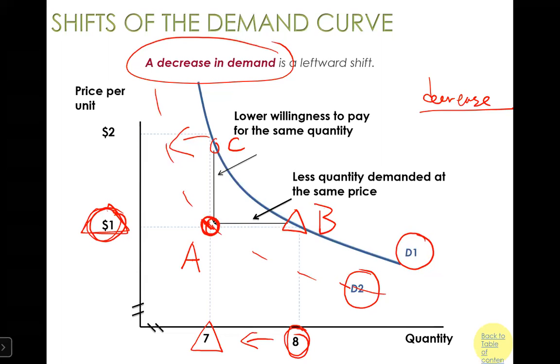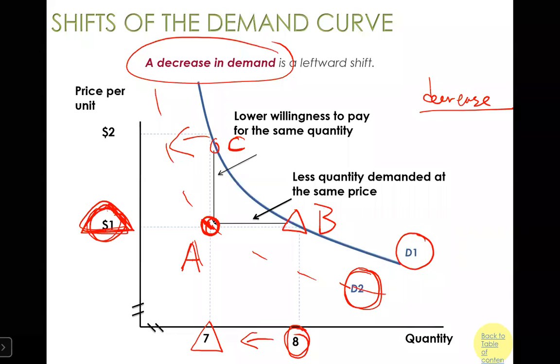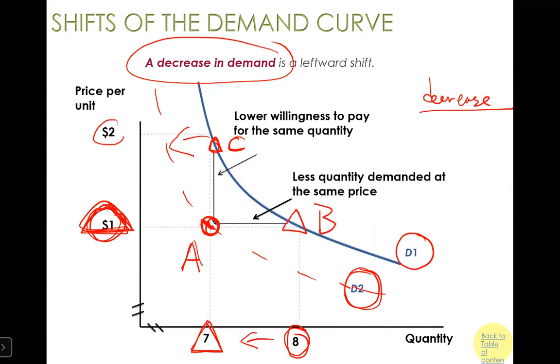So this is one way to look at it: you compare A versus B, because A is the point on the new demand curve, and B is what we observe at the same price as before. The other way to look at a decrease in demand is by comparing A versus C. Before, you wanted to buy 7 at a price of 2.